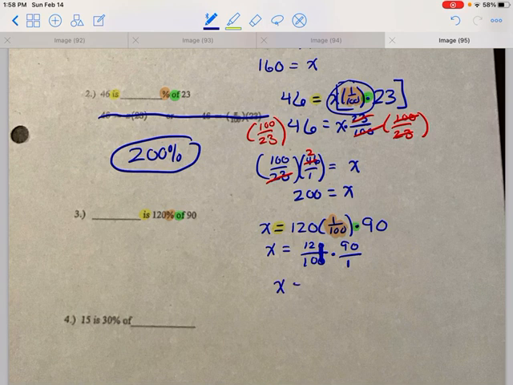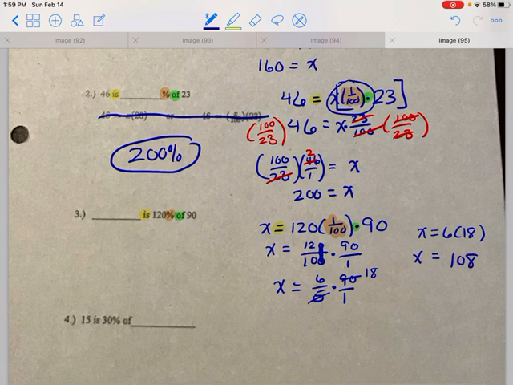That would become 12 over 10, which would become 6 over 5. And then I could go 5 into 90. That would go 18 times. So now I'm left with 6 times 18, which becomes 108.